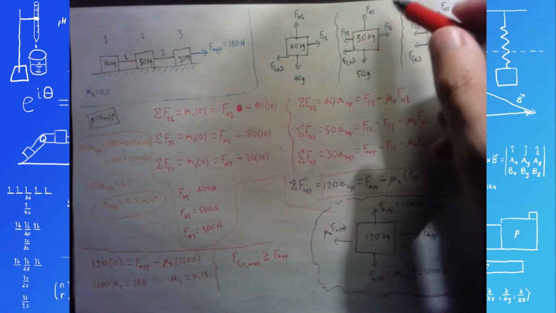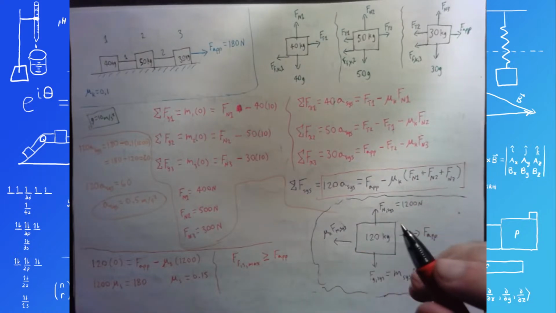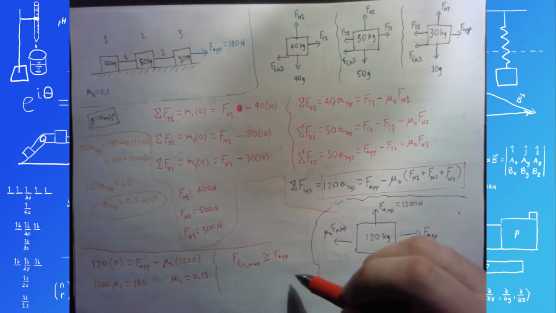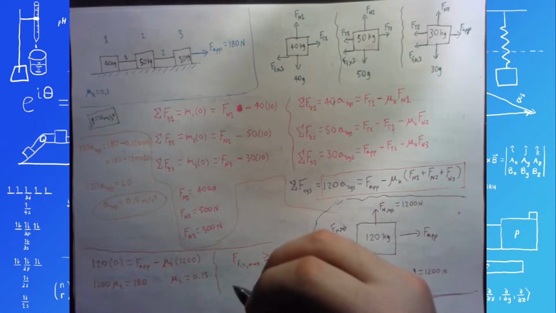All the other forces, the tensions, all cancel each other out. So the maximum force of static friction has to be greater than or equal to the force applied.